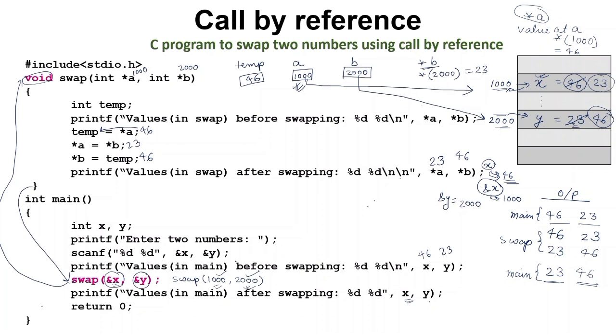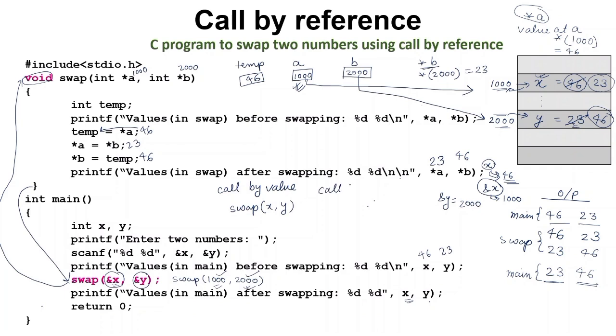So to conclude, we can say that in call by value, we have passed value to the function, that is x and y.